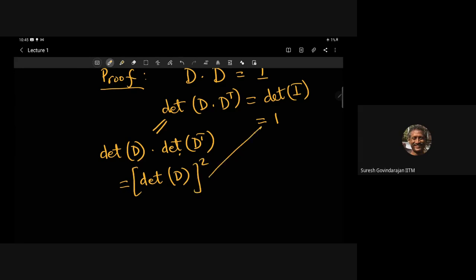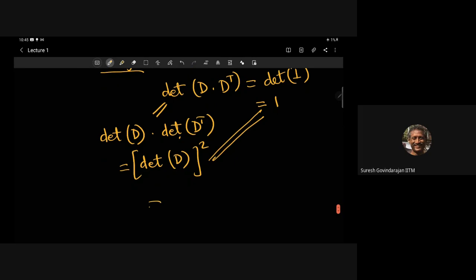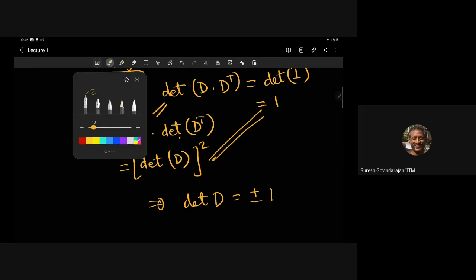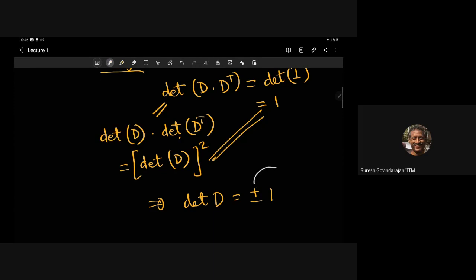So that says that determinant of D whole square is 1. So this implies determinant of D can be either plus or minus 1. Okay. And we have already defined, see, plus 1 is special.